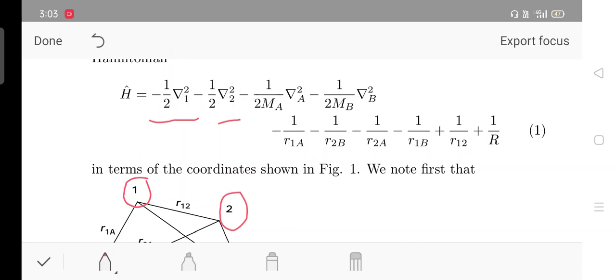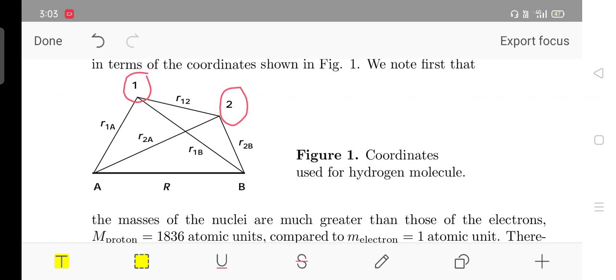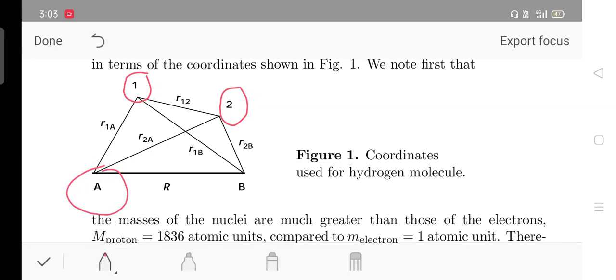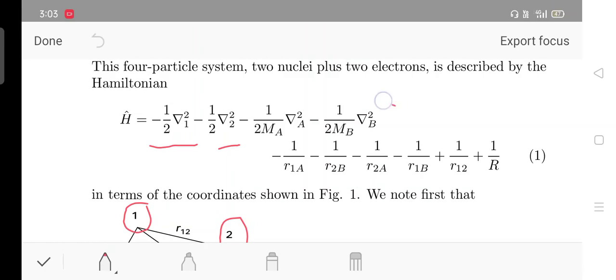Minus 1 by 2 mA del A square is the kinetic energy of the nucleus A. Minus 1 by 2 mB del B square is the kinetic energy of the nucleus B. So we have written all the kinetic energies of the four particles.